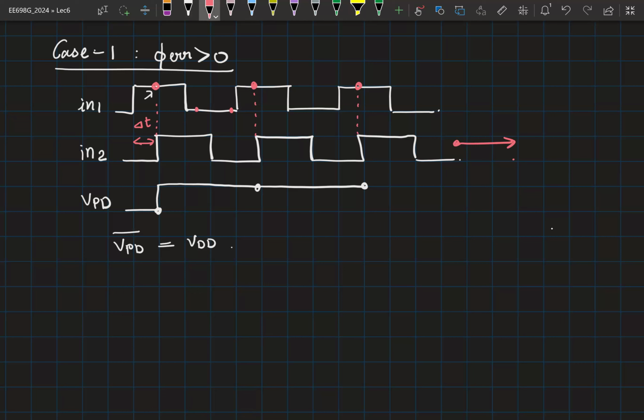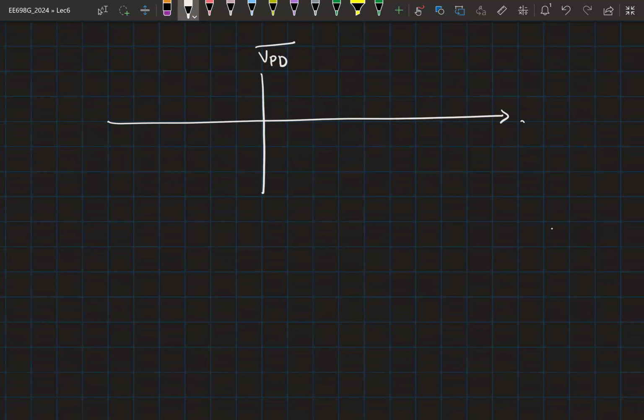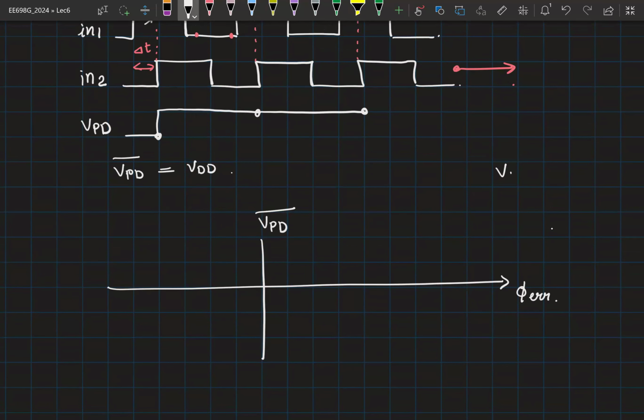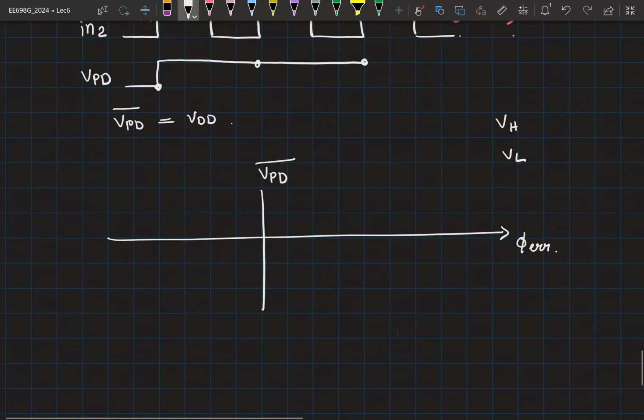Okay. So now what about phase error lesser than 0? Similar behavior, right? So I don't even have to sketch it. We can directly plot the VPD average versus phase error here, right? So instead of calling it 0 and VDD, I'll simply call it V high and V low, just so that the curve is very clear, right?